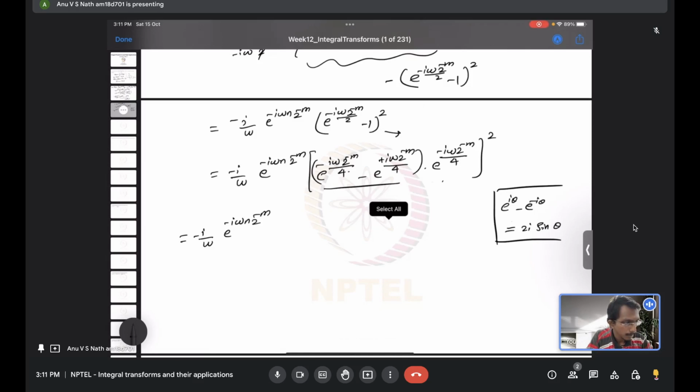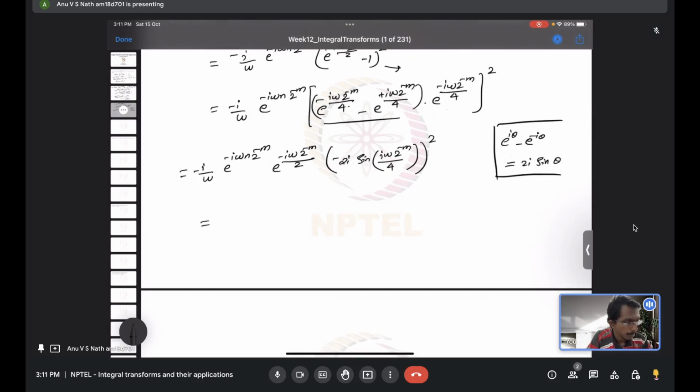Now you see the square of this exponential we can take outside, and it's e raised to minus i omega 2 raised to minus m by 2. The remaining part is 2i sine of omega 2 raised to minus m by 4, the whole square.